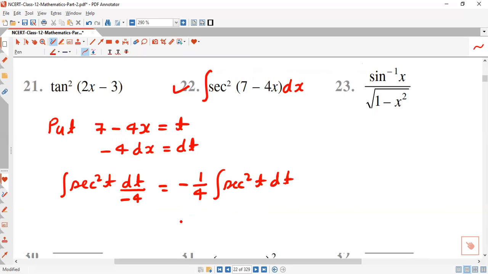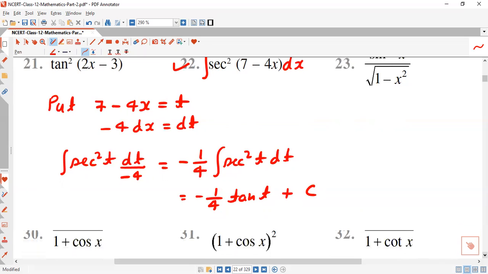If you do the integration, you are getting minus 1 by 4 tan t, this is the formula of tan t, plus some constant c. Put the value of t, 7 minus 4x. So this comes out minus 1 by 4 tan of 7 minus 4x plus some constant c, and this will be the answer.